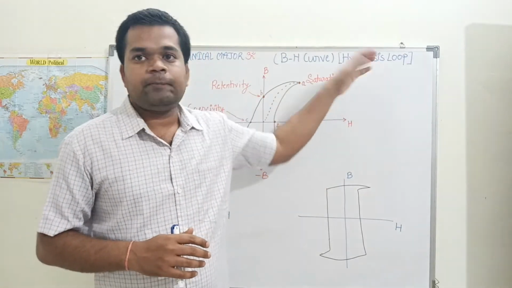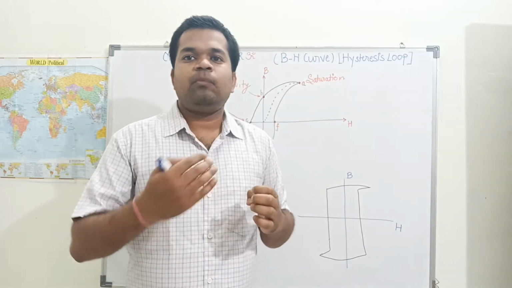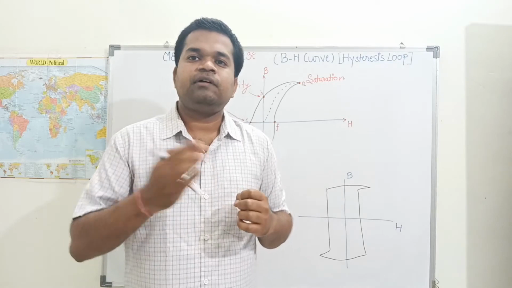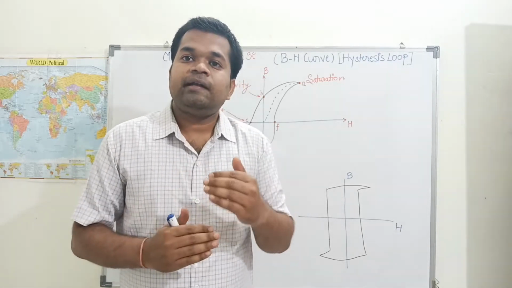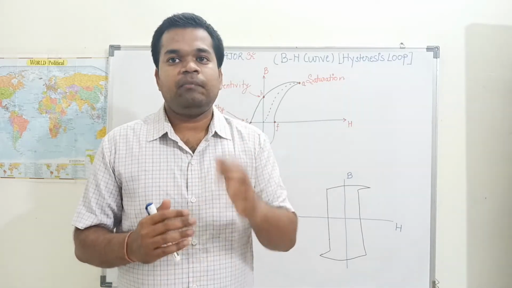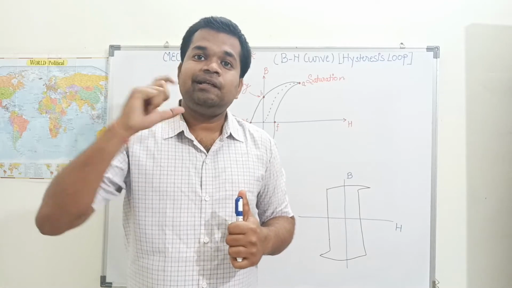So hysteresis is nothing but this: when we apply a magnetic field to a ferromagnetic material and then we reverse the direction or remove the field, the magnetism is still left in that ferromagnetic material. Some amount of magnetic field is retained by it.